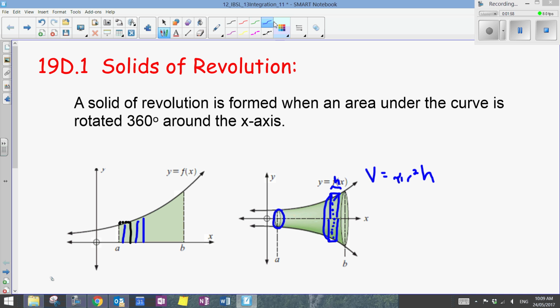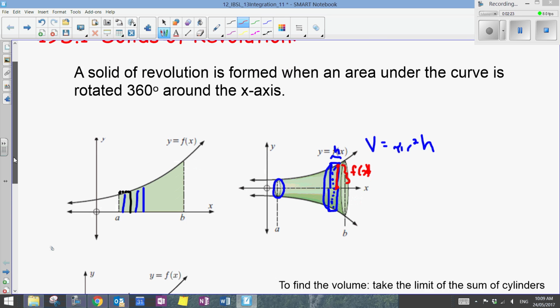The radius goes from the x-axis out to the end of that rectangle, and this distance is your y distance, or your f of x, determined by whatever your function is.